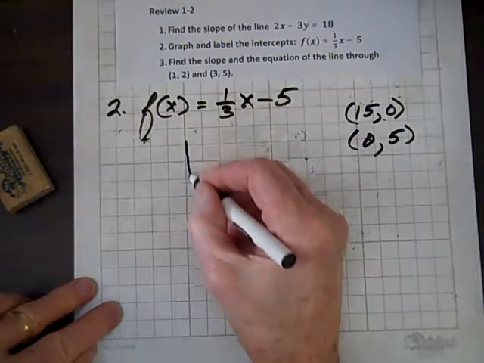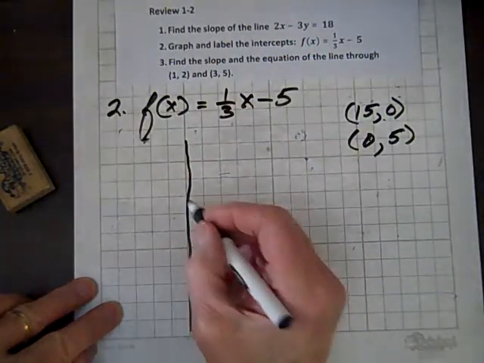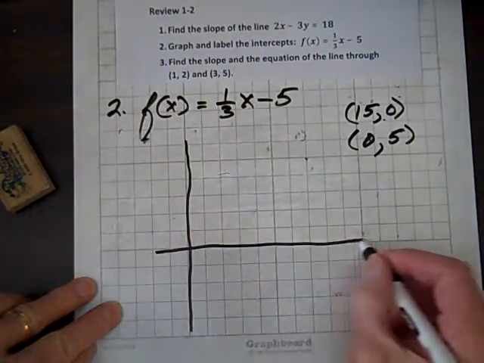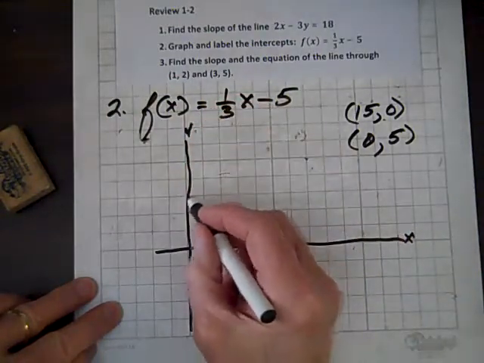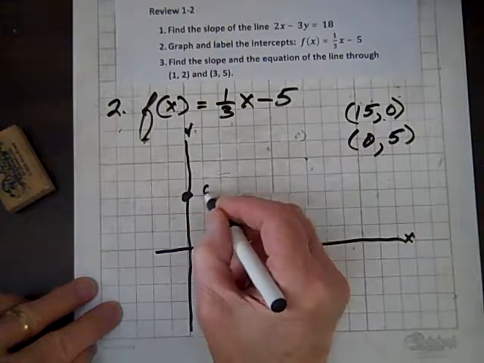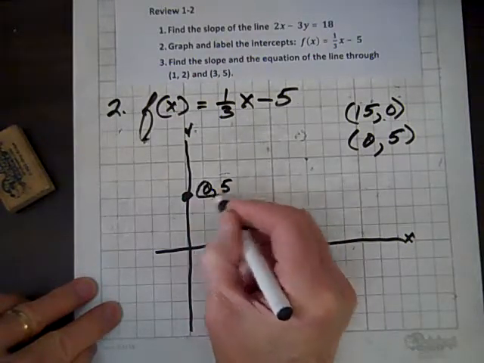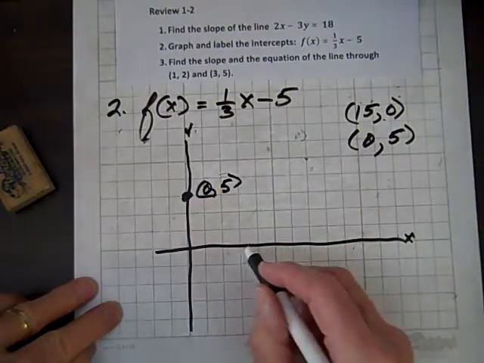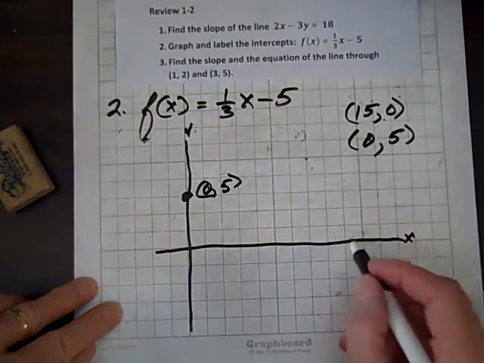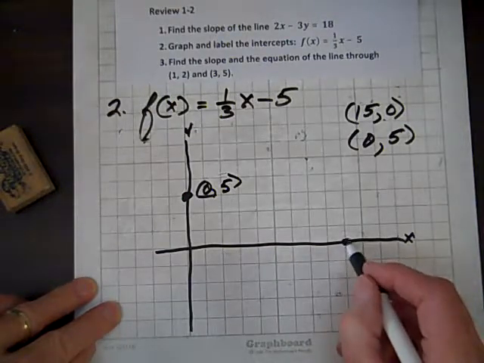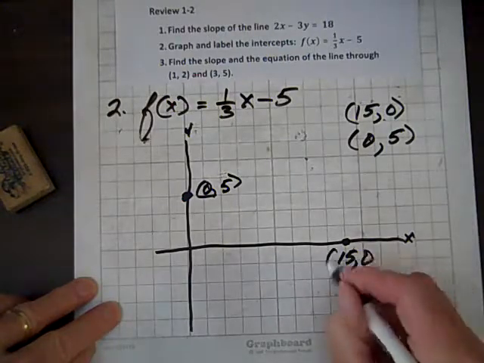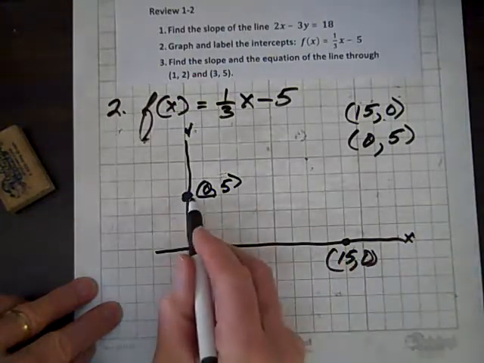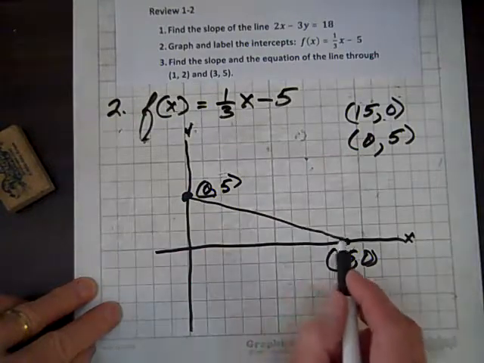Let's see, we'll call this our x-axis, y, and let's call this 0, minus 5, and this is about 15, 0 right here. Good, we've labeled the intercepts. Now let's just connect them with a line.